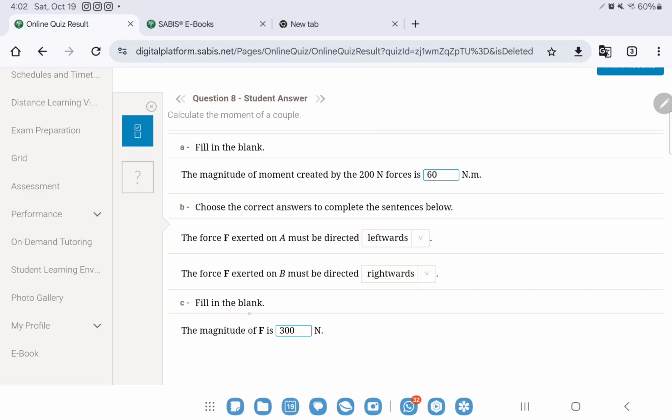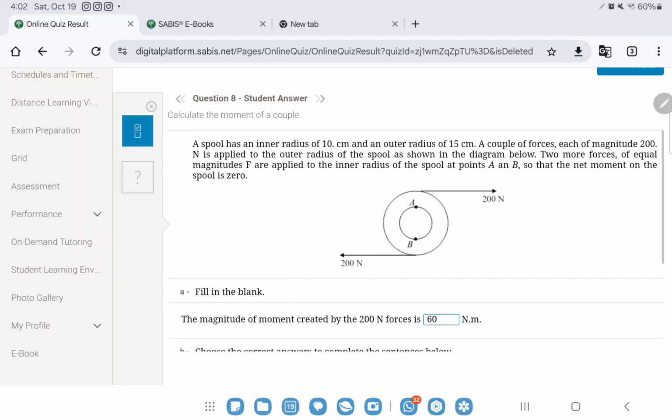The magnitude of F is, so we know that F is the force that's going to cancel out these two. We need to find the force F between these two forces. The distance between these is a 10 centimeter radius, so it's 20 centimeters here.